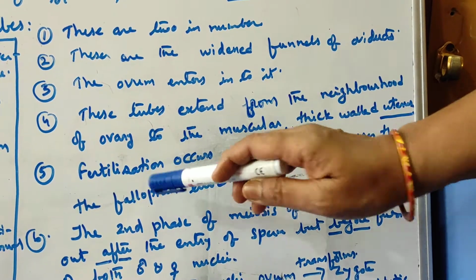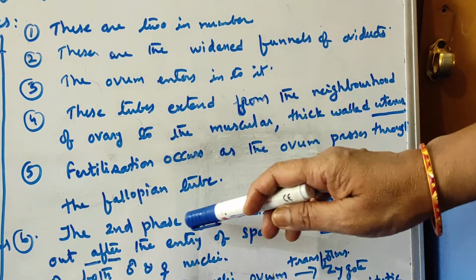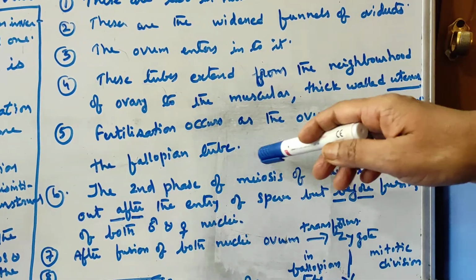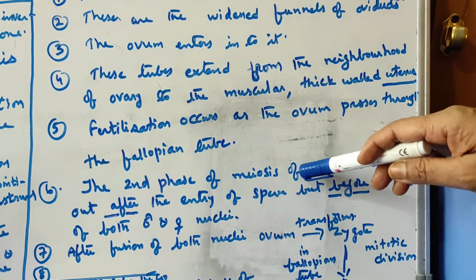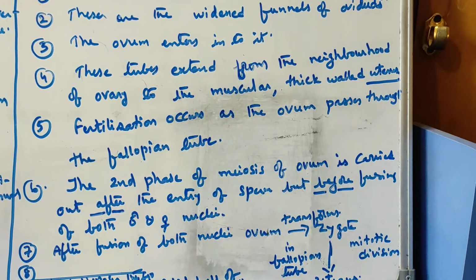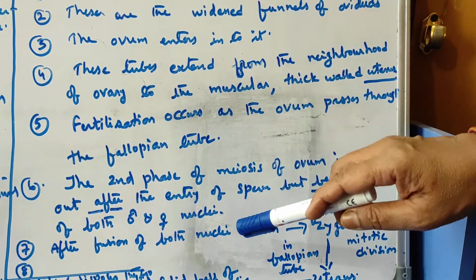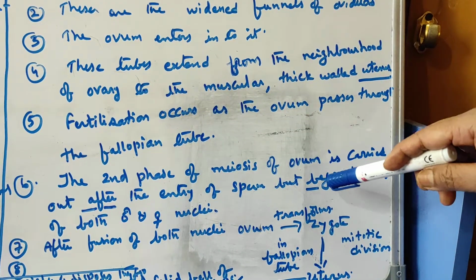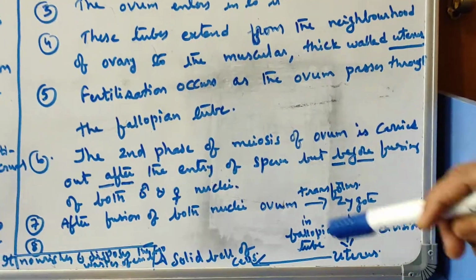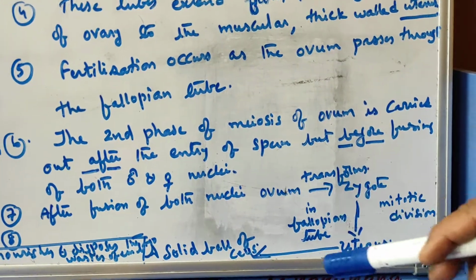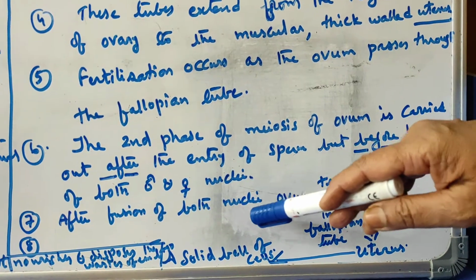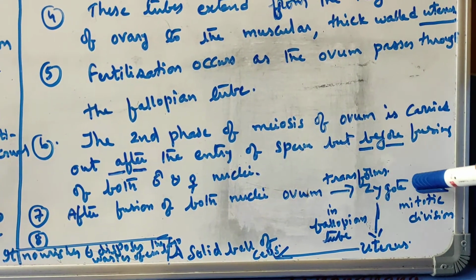Actually, the second phase of meiosis of the ovum is carried out after the entry of the sperm. After the entry of the sperm, the second phase of meiosis takes place, but before the fusion, remember this. Then after the fusion of both nuclei, the ovum transforms into a zygote.